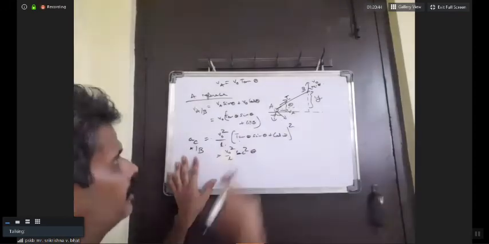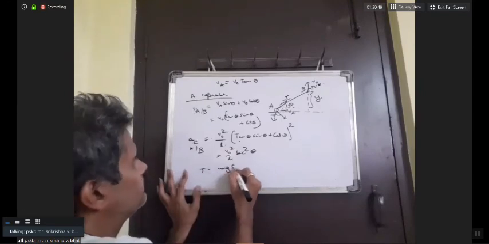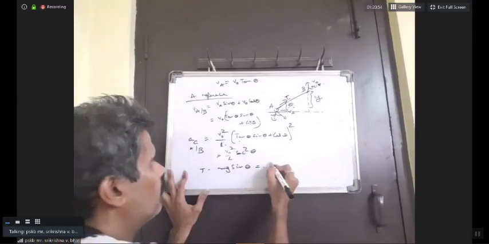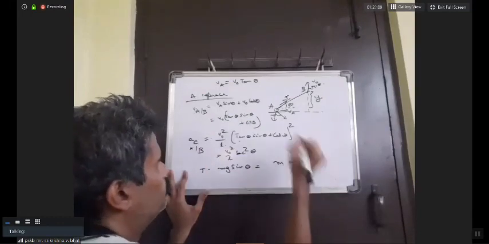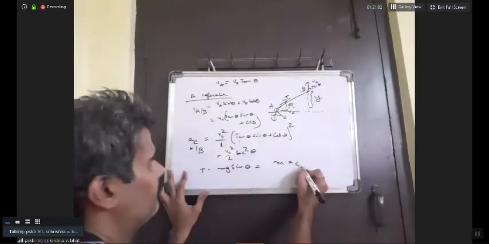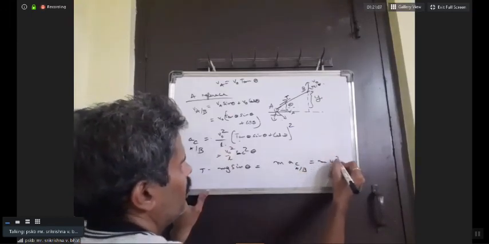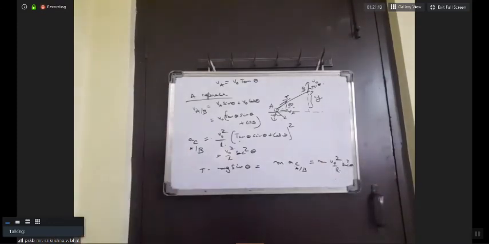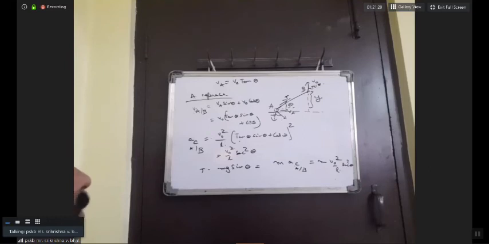Therefore I can say T minus mg sin theta should be equal to, there is no pseudo force here, so that should just be equal to m times the acceleration of A with respect to B, which is nothing but m into V naught square by L secant square theta. So this is one equation, because here I'm not taking any normal force into account.